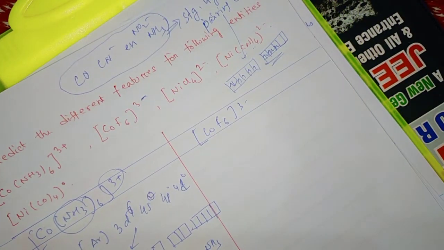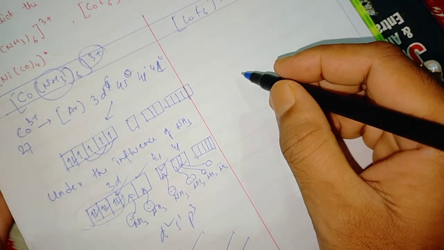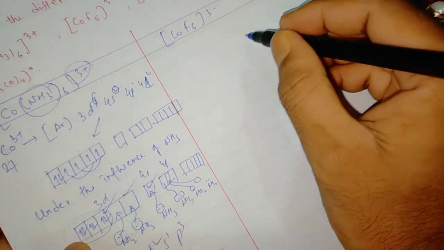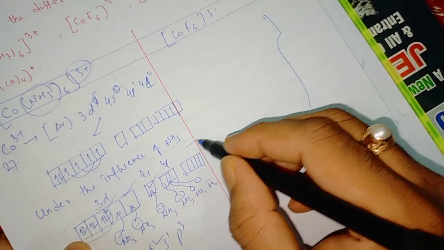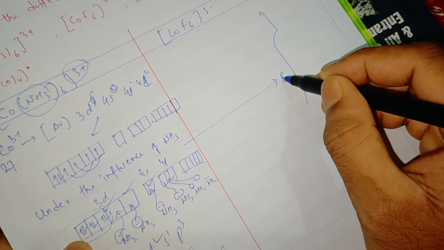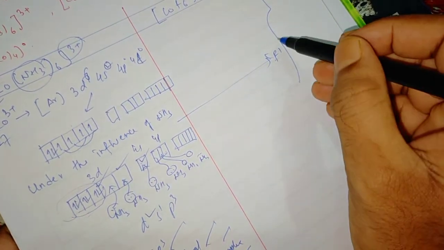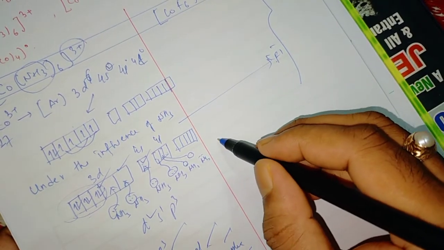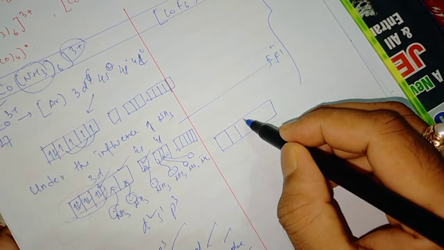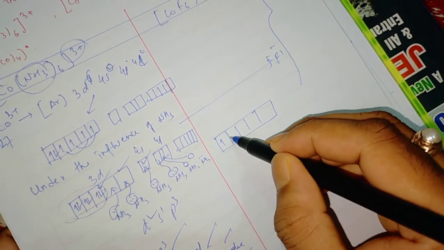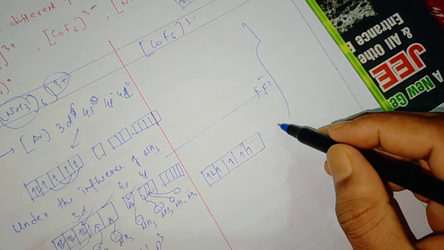Now a similar case if I consider for this one, up to this will be the same. You have to write under the influence of fluorine, because fluorine is a weak ligand, so no pairing takes place. One, two, three, four, five, 6.